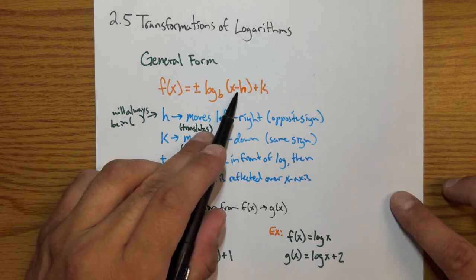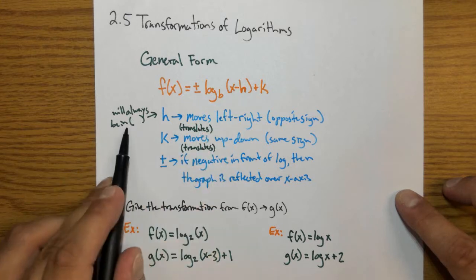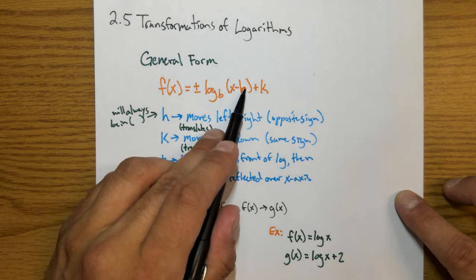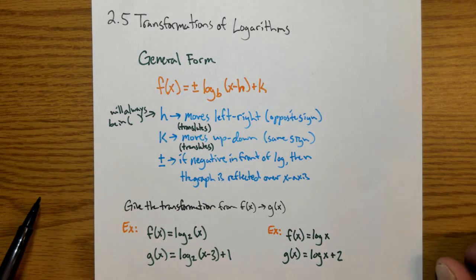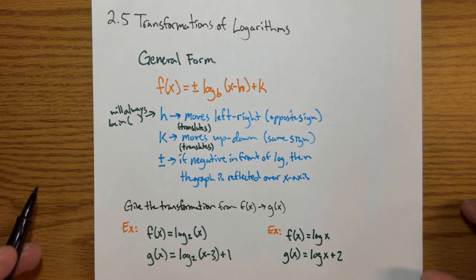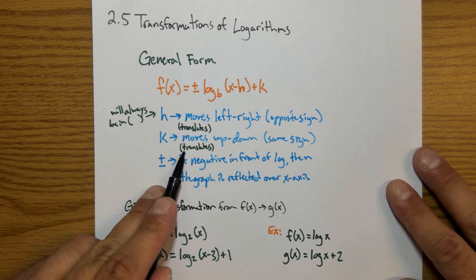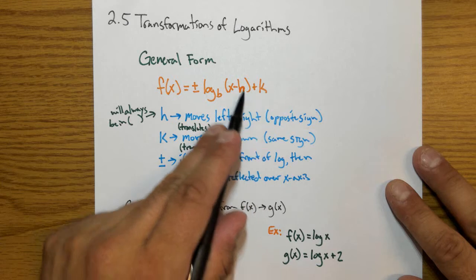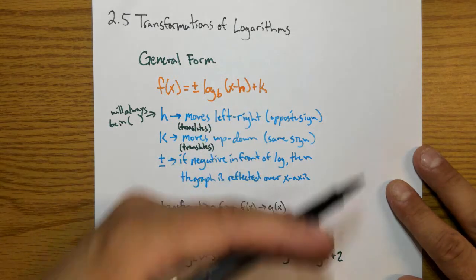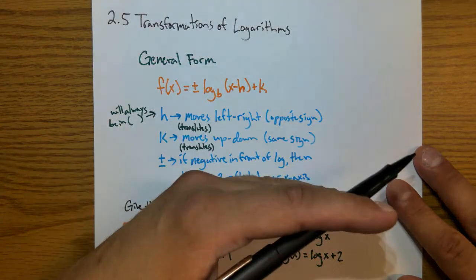The h inside the parentheses, remember, moves the graph left and right, and it's the opposite sign. K translates up and down, and that's the same sign. So remember, the number outside of the parentheses is what shifts the graph up and down.